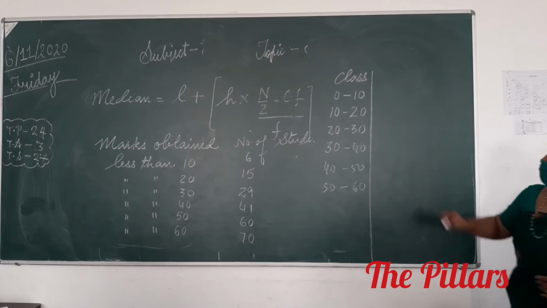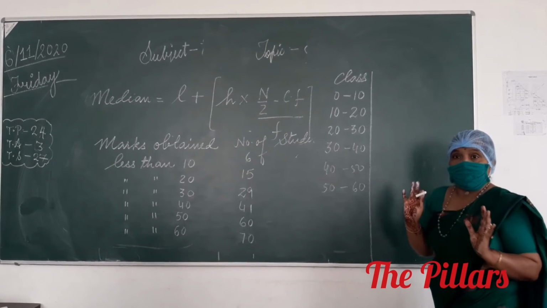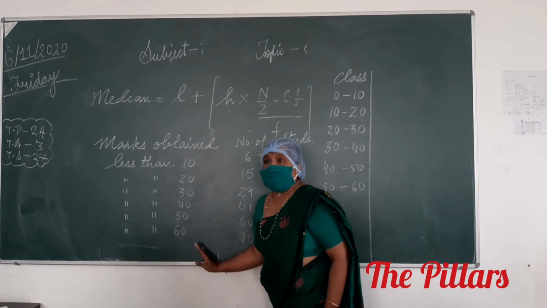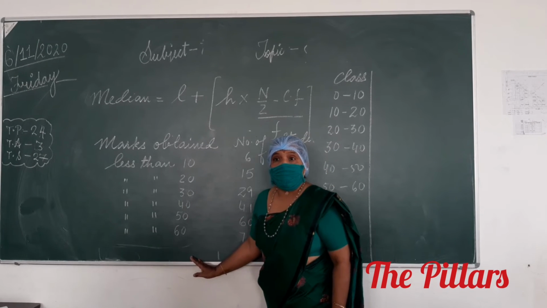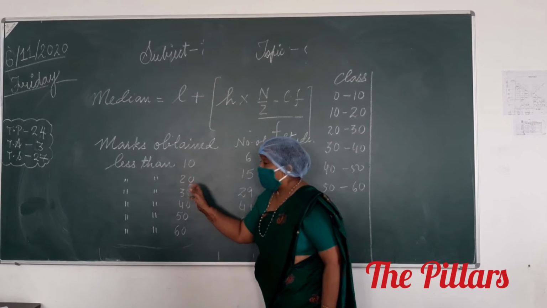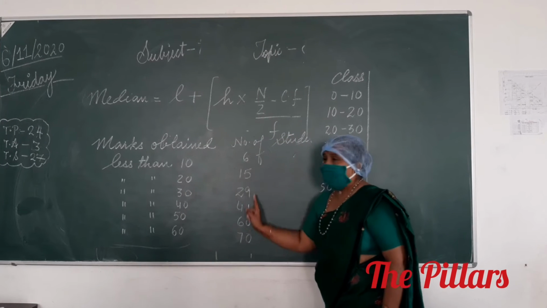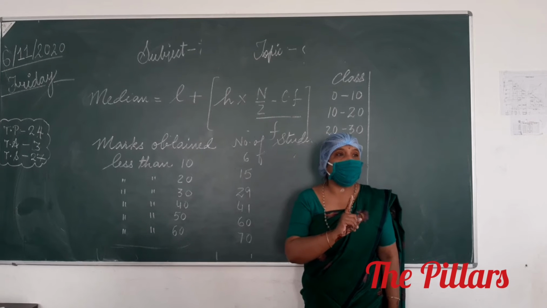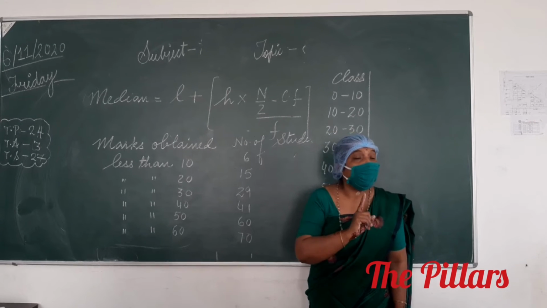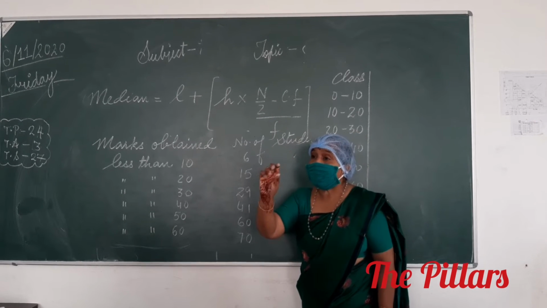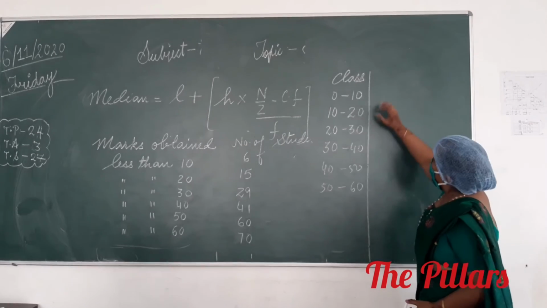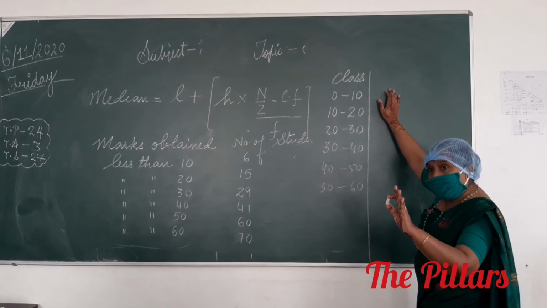Now please look here. If you get this type of question, I have told you before also, it is less than 10, less than 20. What is this given to you? Cumulative frequency. Remember, if the question is given in class interval form and number of students, that is a frequency.